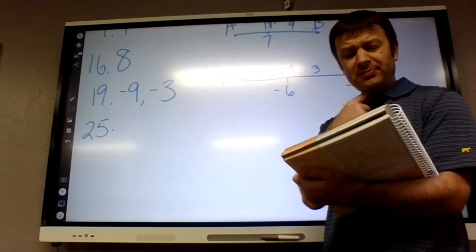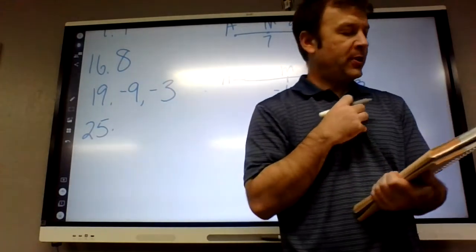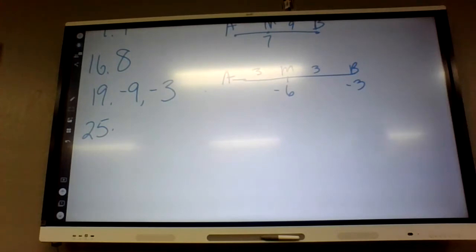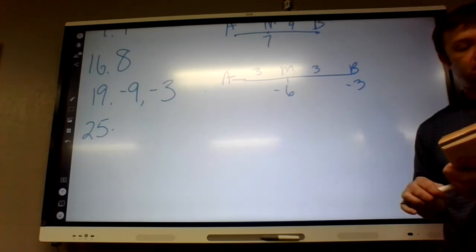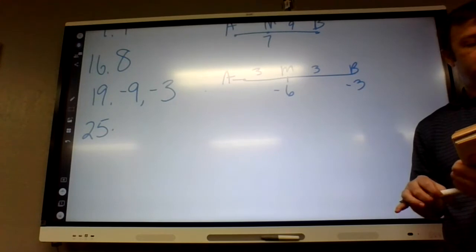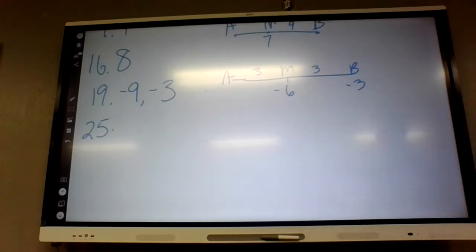25 says ray UW bisects angle TUV. Okay, if that is true, how could I figure out what X has to be? How could I set up for X here? Let me read it again. 25 says ray UW, look at it in the picture, bisects angle TUV.